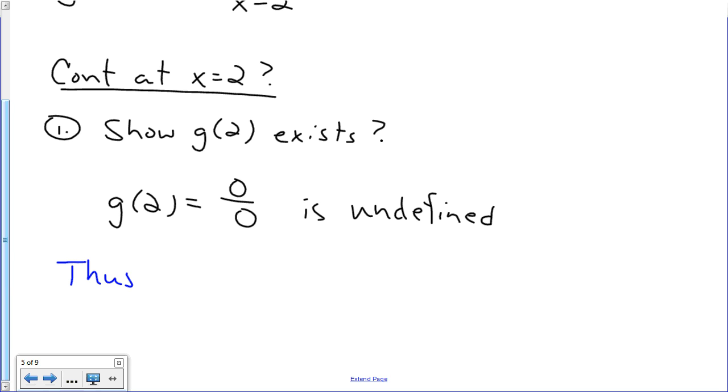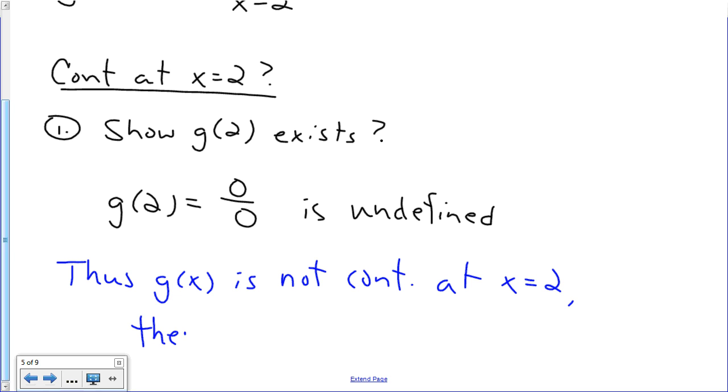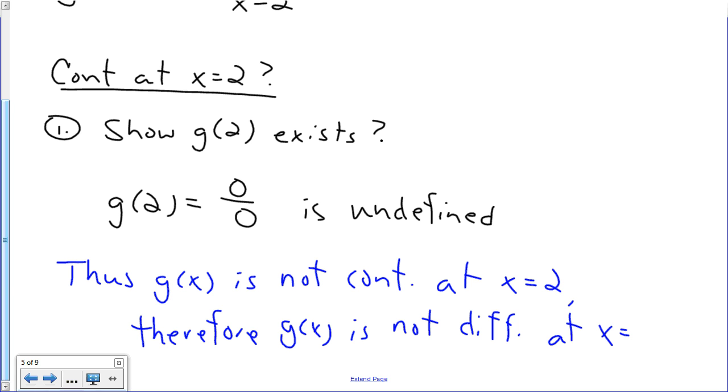I can say, thus, g of x is not continuous, I'll abbreviate that, at x equals 2. Therefore, g of x is not differentiable. I'll abbreviate that as well, at x equals 2.